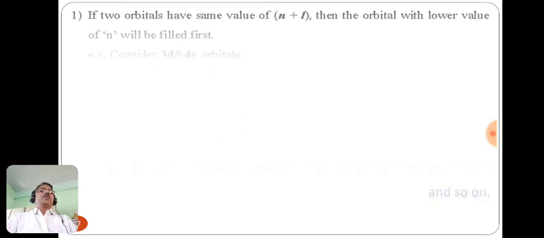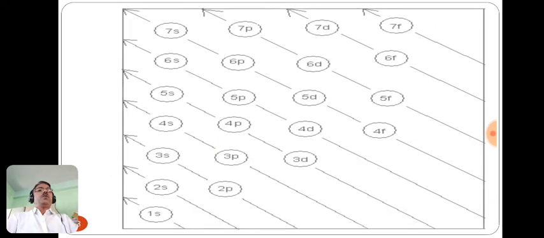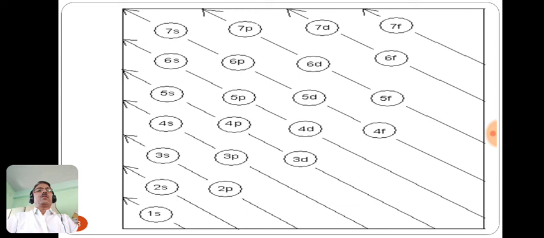It can be represented like this: 1s, then electrons enter 2s, then 2p, 3s, 3p, 4s, 3d, 4p, 5s, then 4d, 5p, 6s, and in this way, then 4f, 5d, 6p, 7s, then 5f, 6d and 7p. So this is the sequence or order of filling of the orbitals.